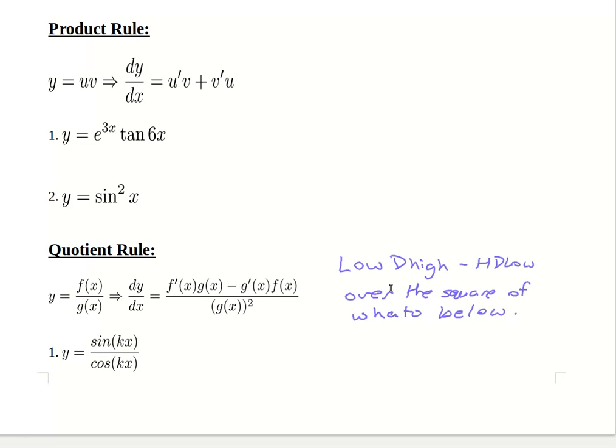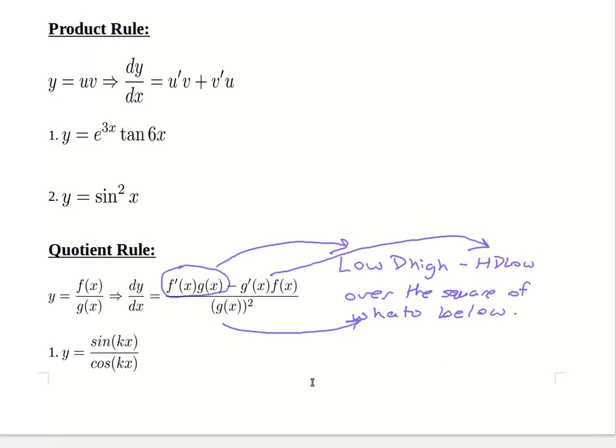What it means here is we take the low function and multiply it by the derivative of the high function, which is why we've got f dash of x, g of x first. And then minus high d low, well, that's the high function multiplied by the low function differentiated, and then over the square of what's below, that's the bottom of it. So you can learn that little rhyme if you like.